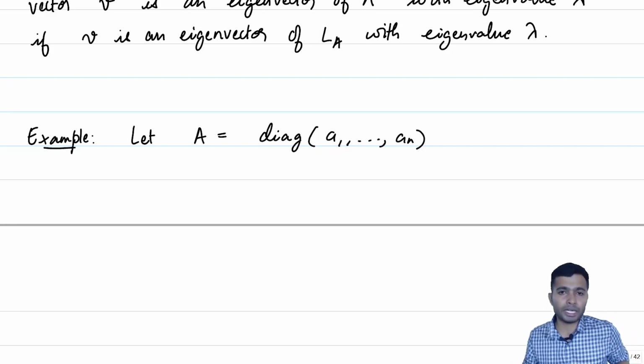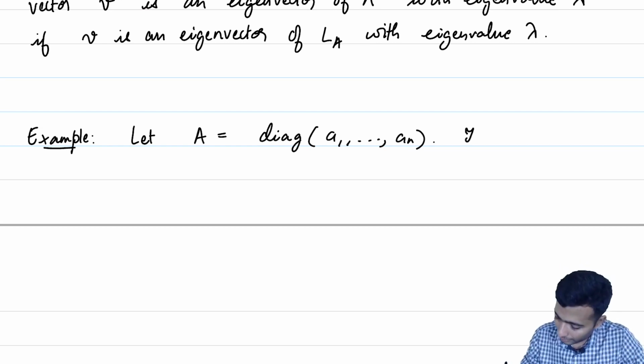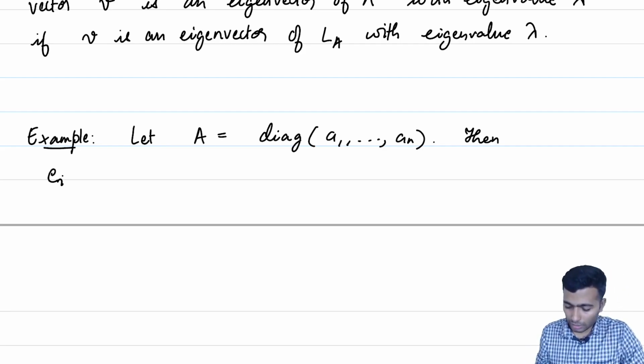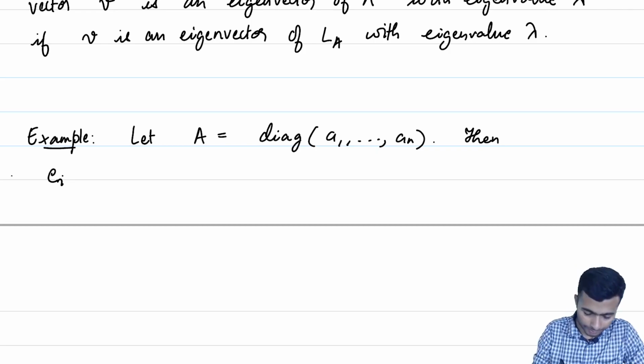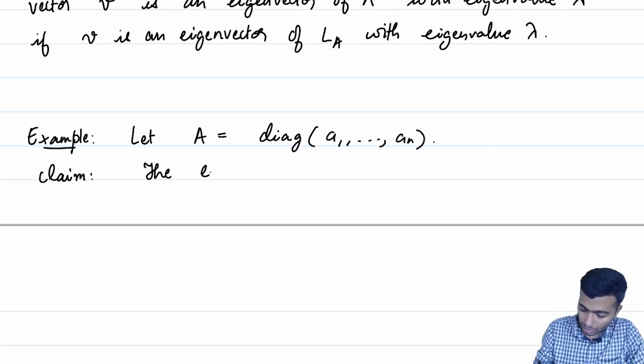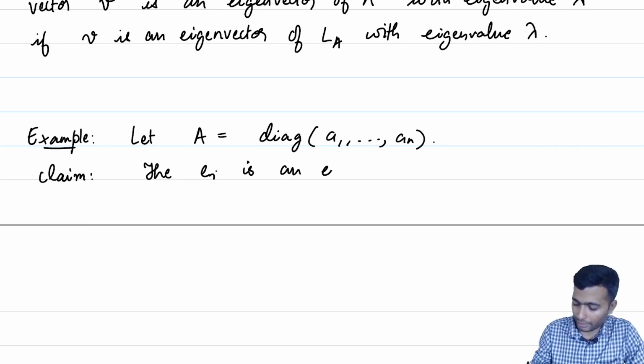Then my claim is that each of the standard basis vectors e_i is an eigenvector of A. Let us just see what L_A does to e_i.